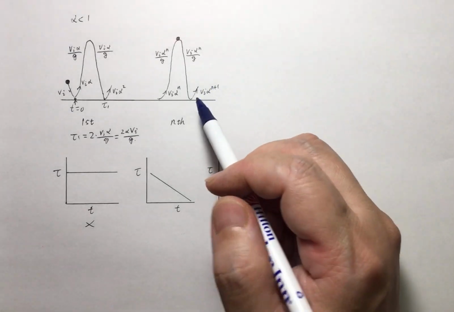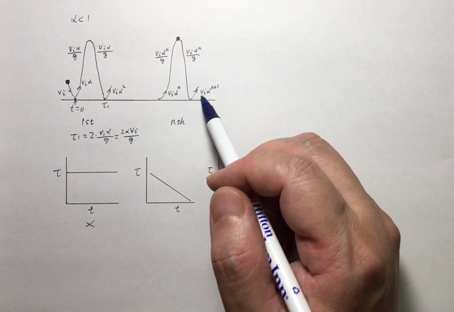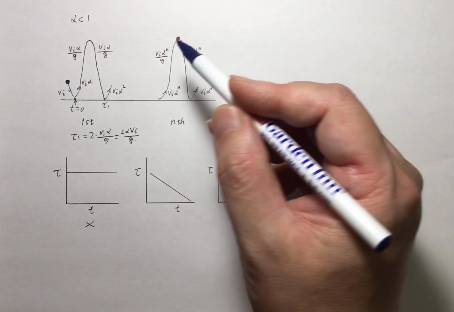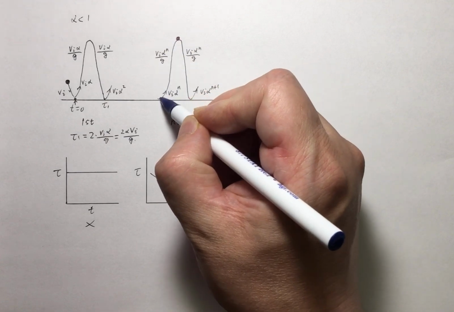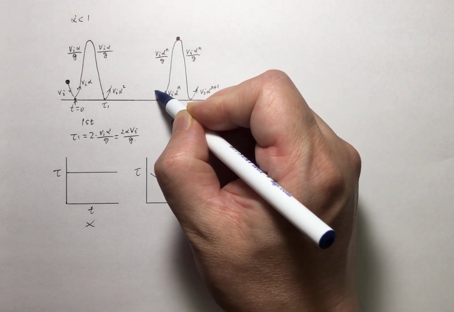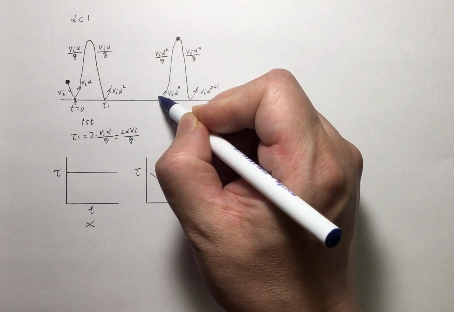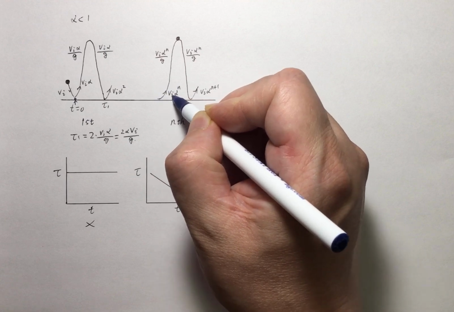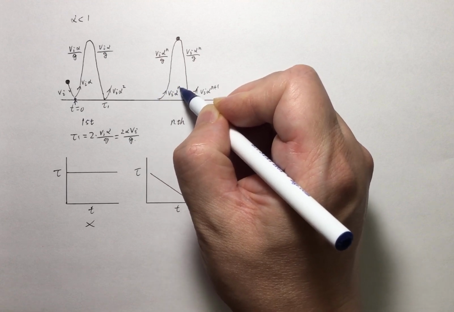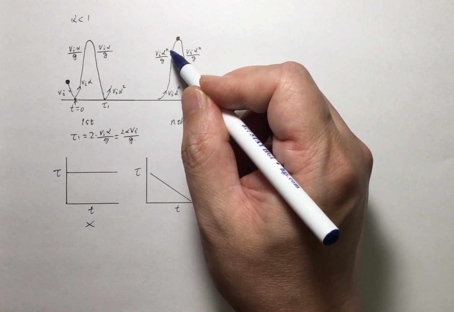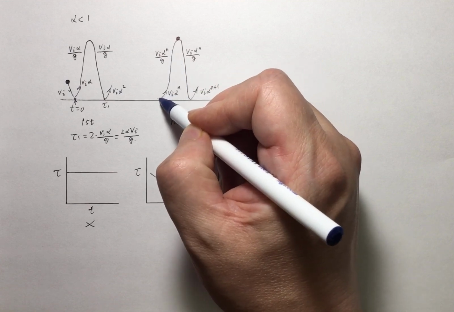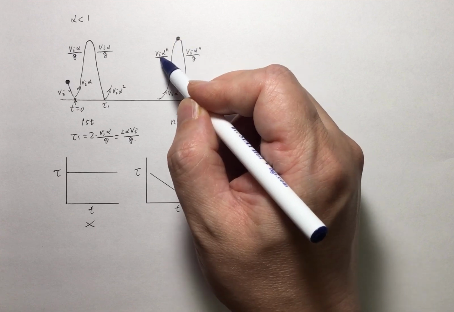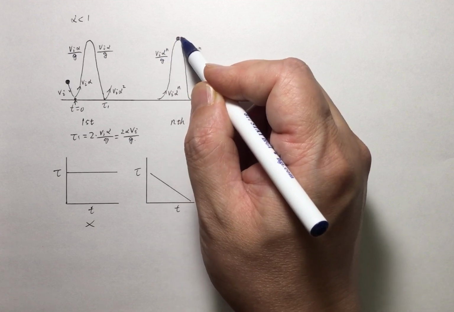And then let's look at the nth case. The ball has just finished bouncing from the surface, so the speed is vi alpha to the n. Then the time it goes from the surface to the highest point will be vi alpha^n over g, and then it goes down.